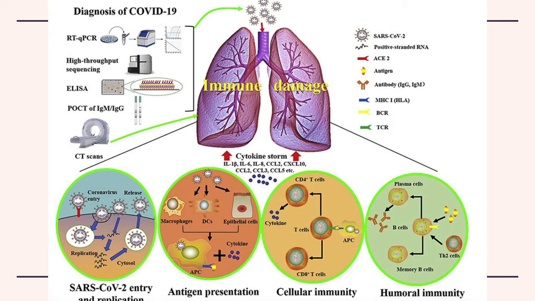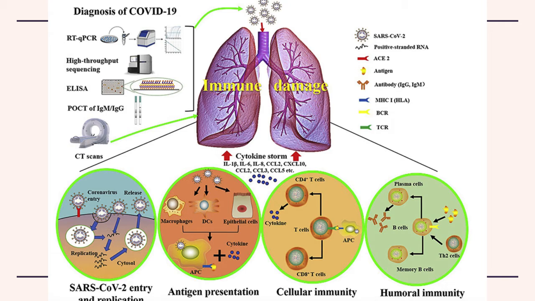After this, the antigen presenting cells on the macrophages, with the cytokines, both stimulate the cellular immunity, and they activate T cells, which activate both CD4 and CD8 cells, that release more cytokines, more inflammation, so the immune system can attack the virus and stop the spread of the virus to other sites, like the blood, brain, or the kidney.